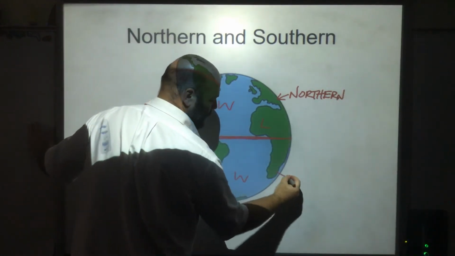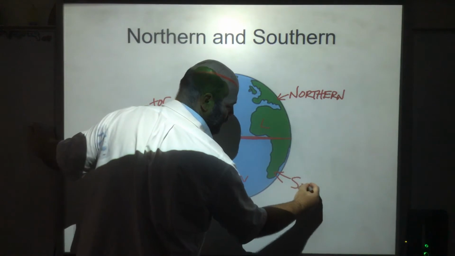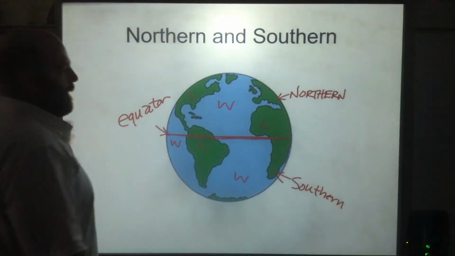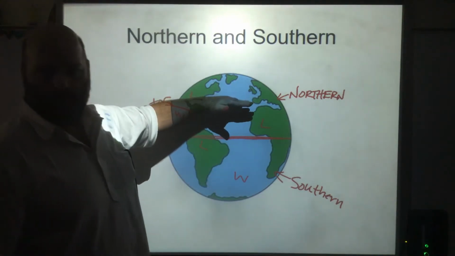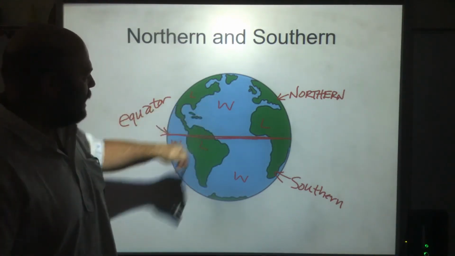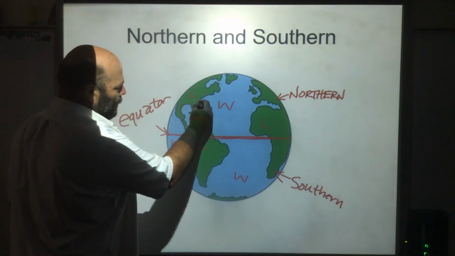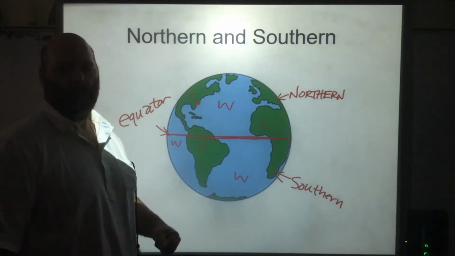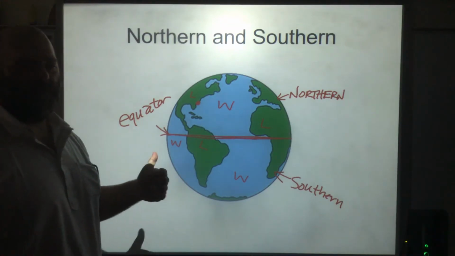And this down here is obviously going to be the southern. Now, we're in the northern hemisphere. We're about right there. So we live in the northern hemisphere. The southern hemisphere we're going to talk quite a bit about in the next few weeks.